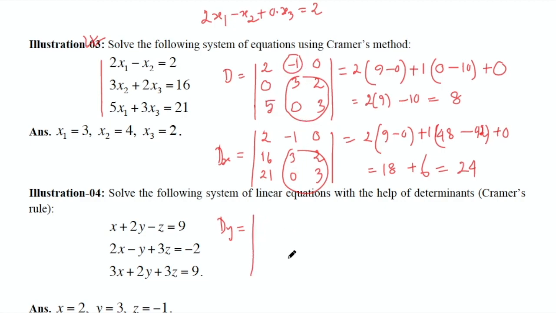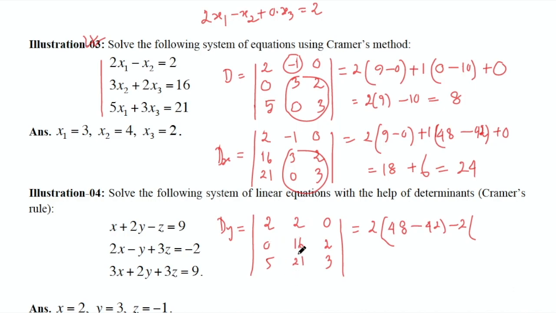the second column replaced. The first column will be exactly the same, 2, 0, 5, and the second column will be replaced by 2, 16, 21, and the third column will be exactly the same, 0, 2, 3, and this equals 2 into, let us follow the first row, 2 into 16 into 3, which is 48, minus 2 into 21, 42, minus 2 into, the preceding sign of this 2 will be minus.